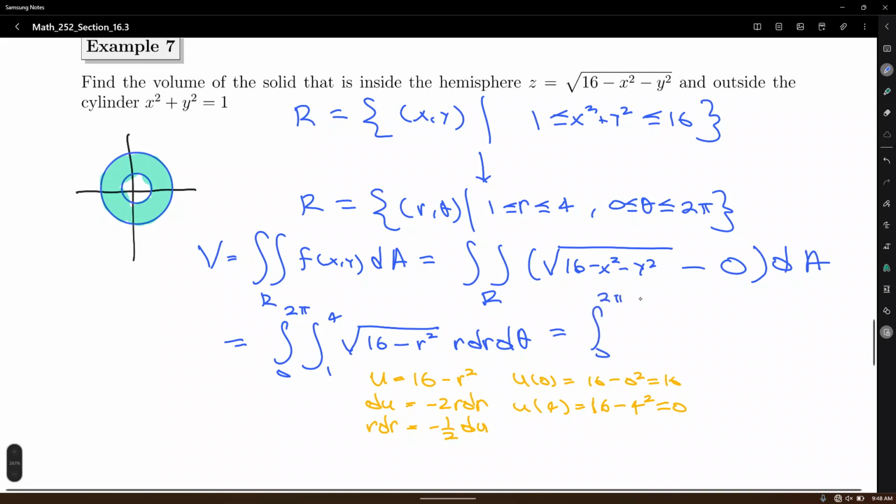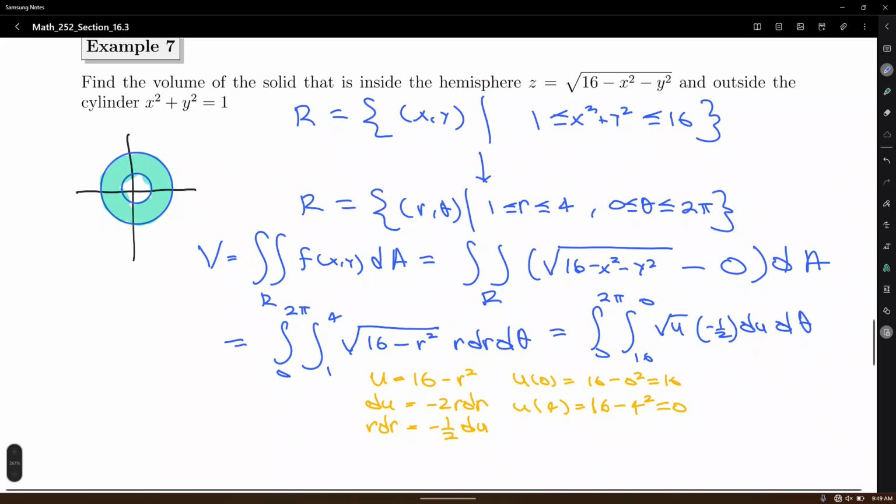So, 0 to 2 pi, integral from 16 to 0 of the square root of u times negative 1/2 du d theta. There's a couple things I'm going to do here in one shot. Number 1, I'm going to take that 1/2 outside of the integral. That's the square root of u.